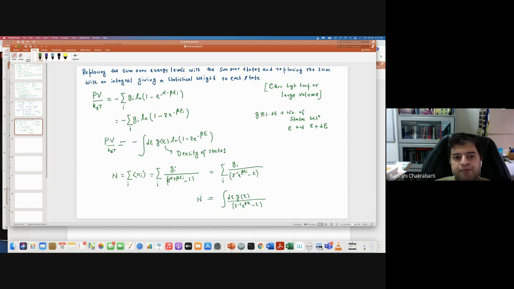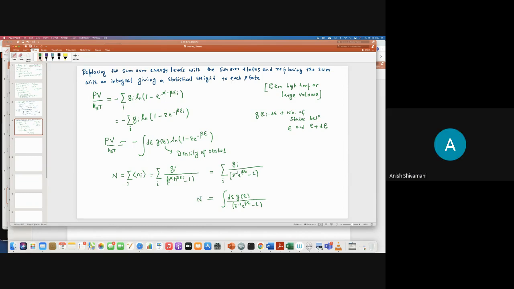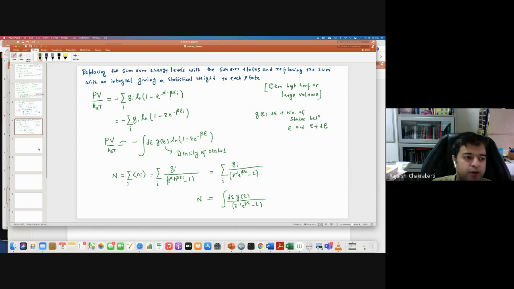It has to be like this. Okay. Now, how to calculate the density of states?